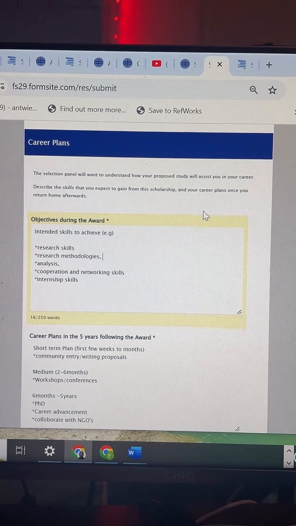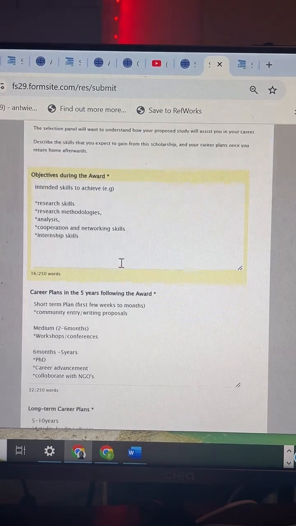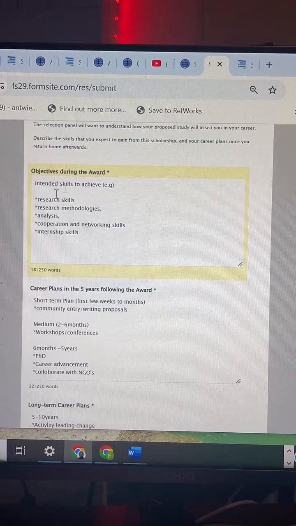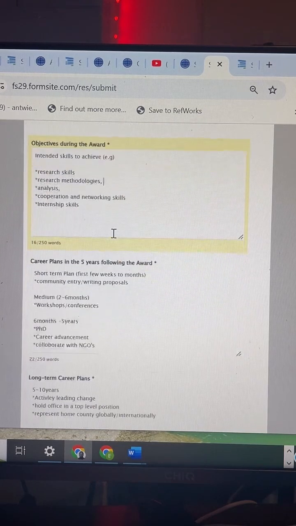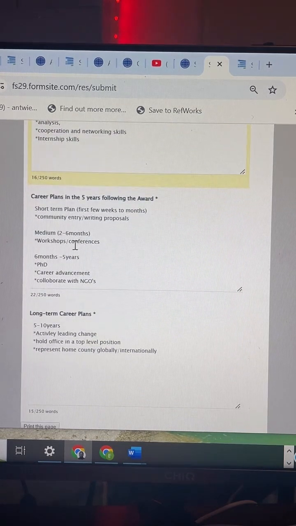And then you're going to need the skills to introduce an innovative idea and to execute all of these plans that you have. So that can go in the objectives during the award. And don't forget intended skills and how that is going to help you initiate the development or impact that you need.